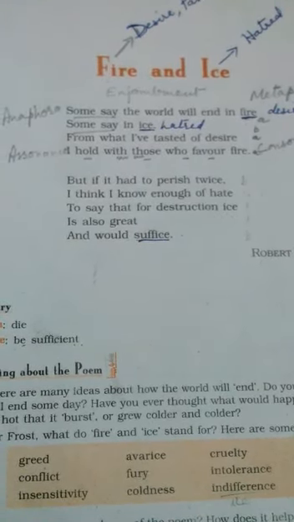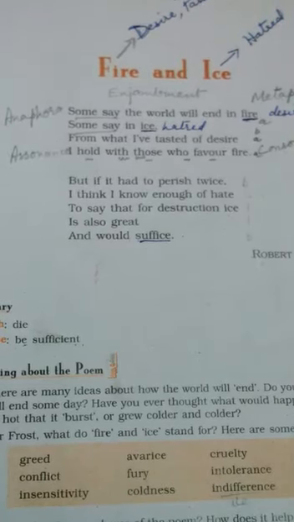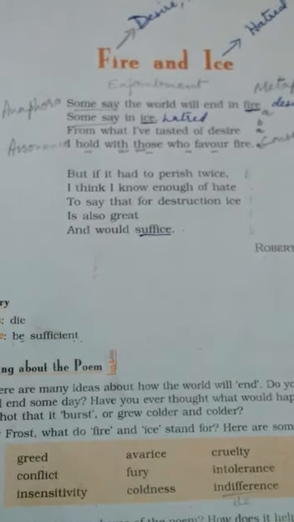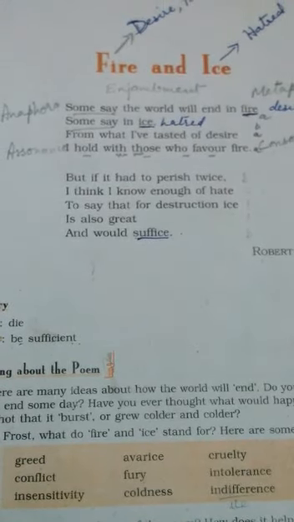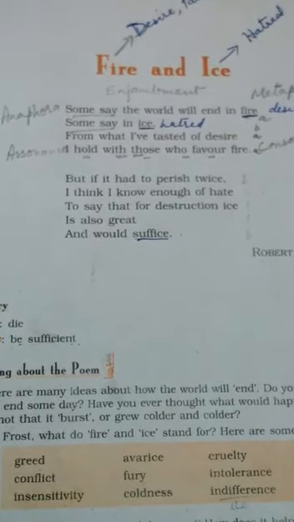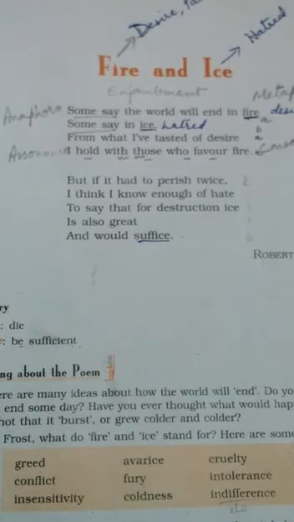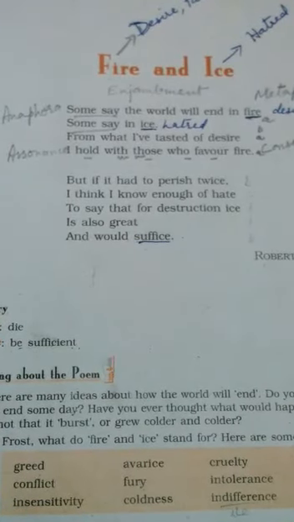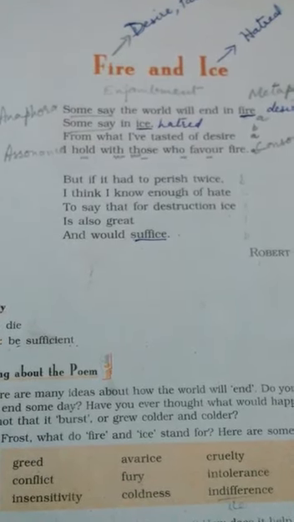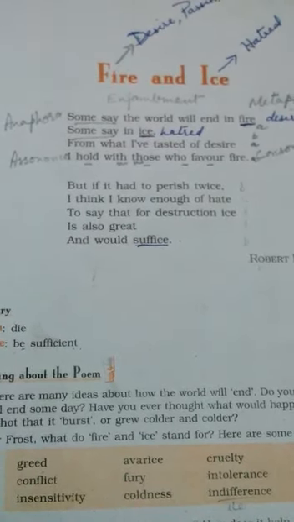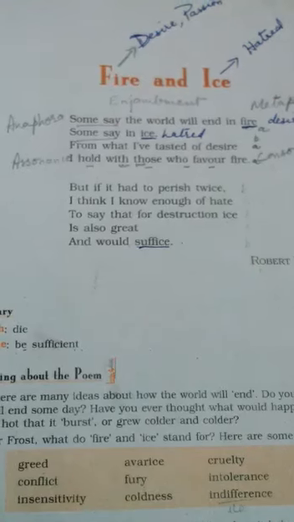But if the world is going to be destroyed twice, then he says that he knows enough of the hatred which exists in the world, enough of the jealousy that exists in the world, which has the power to destroy.